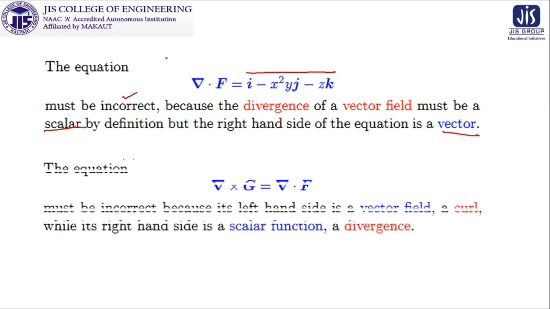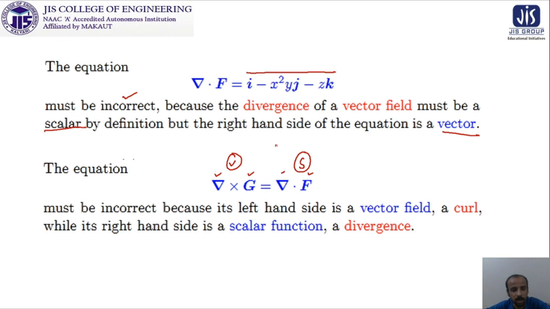And finally, del cross G is a vector quantity, since a cross product has to be a vector quantity. What is given? Del dot F. Del is a vector quantity, F is a vector quantity, the dot product will be a scalar quantity. So how can a vector be equal to a scalar quantity? These are the simple logics we have to use for identifying the answers to these types of problems.